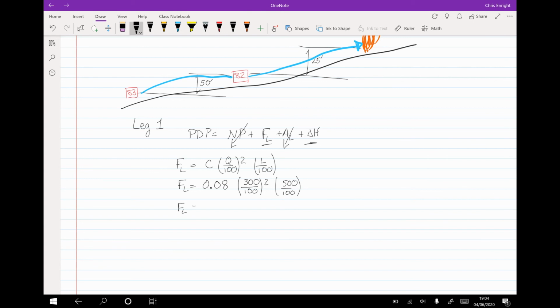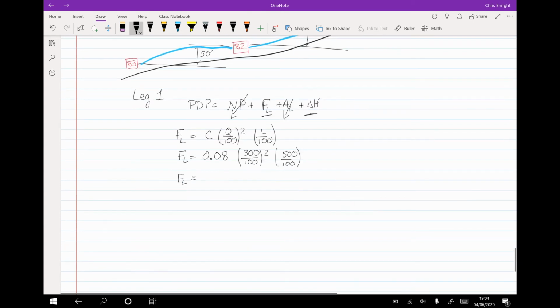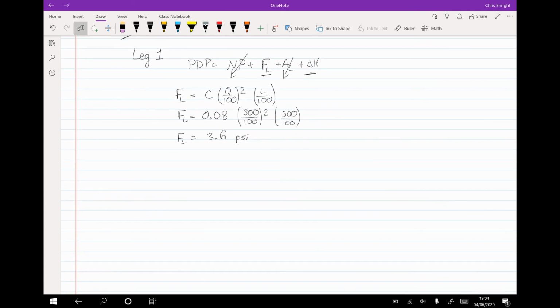Friction loss equals, anyone guessing, 3.6 PSI. Not much at all, which is awesome. So this pump doesn't have to work that hard. We can put smaller pumps on this and it's not such a big deal. So 3.6 PSI of friction loss for 500 feet. So big is good, especially for water delivery.